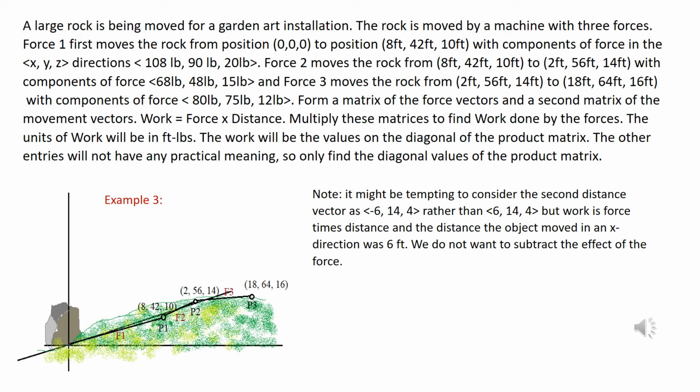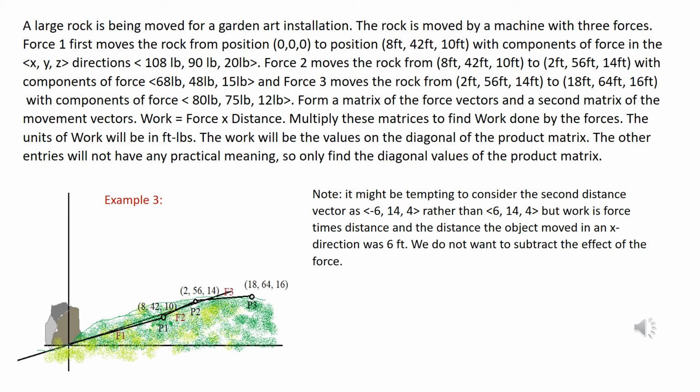A large rock is being moved for a garden art installation. The rock is moved by a machine with 3 forces. Force 1 first moves the rock from 0, 0, 0 to the position 8, 42, 10. The components of force in that case is 108 pounds for the x direction force, 90 pounds for the y direction force, and 20 pounds for the z direction force.